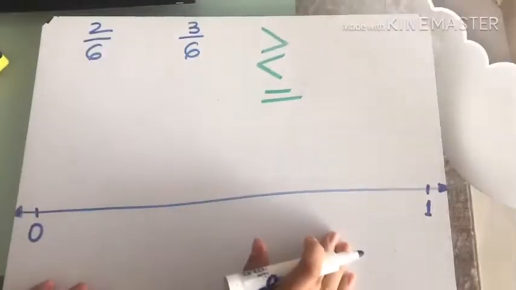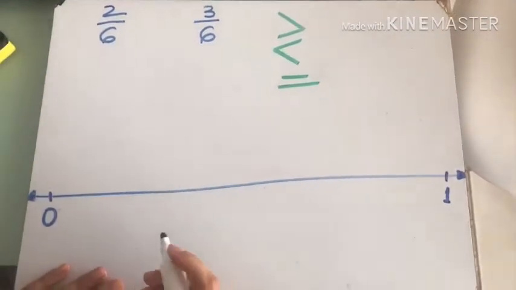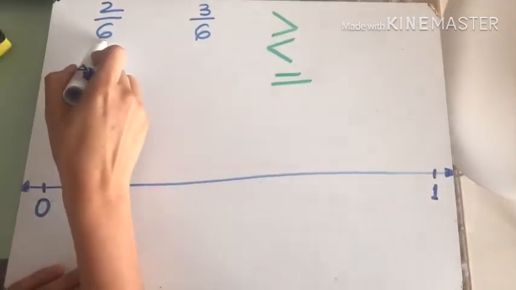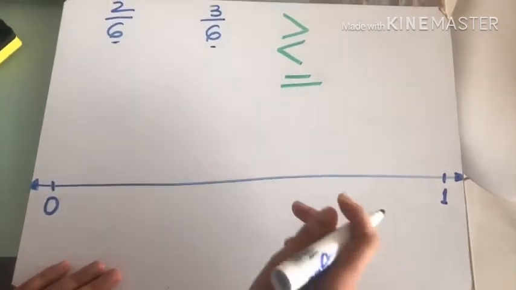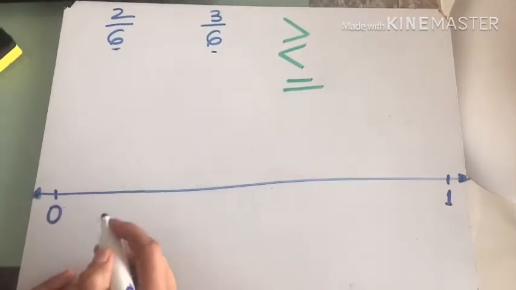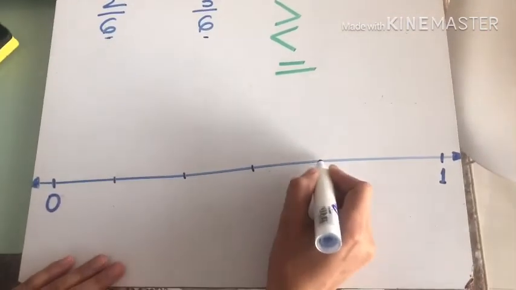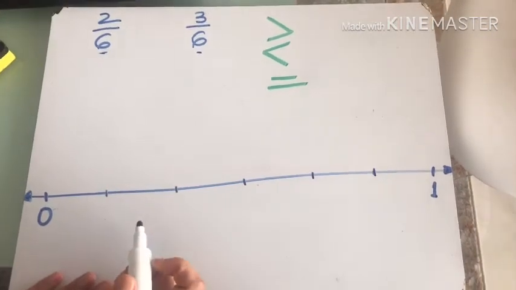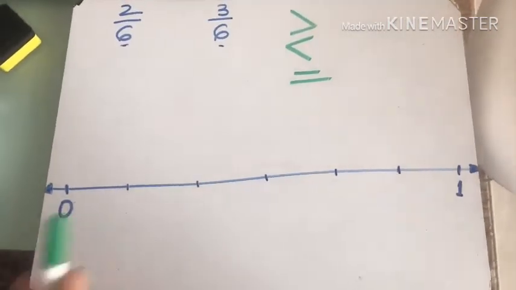Okay, in this exercise, the first thing we're going to do is to place our two fractions in the number line, and then we'll proceed to compare them. We know by the denominator that my line has to be partitioned into 6 equal parts. So 1, 2, 3, 4, 5, and 6. So where would my 2/6 be on my number line?